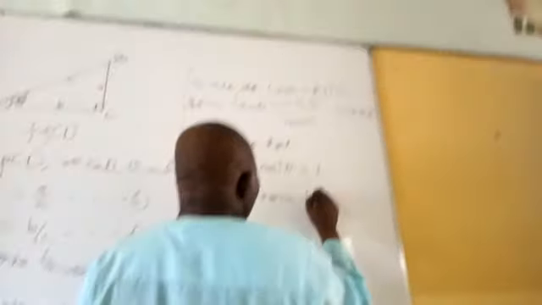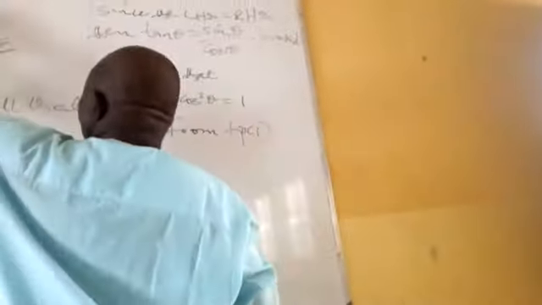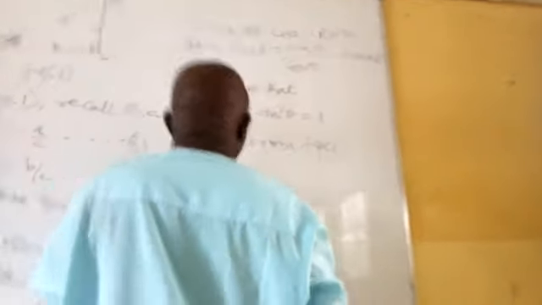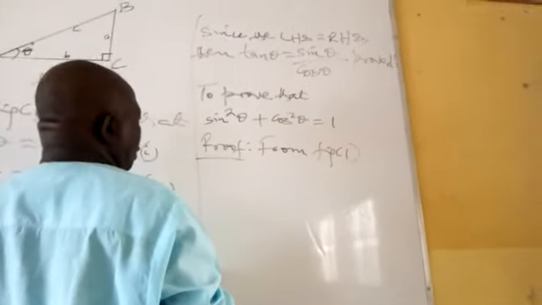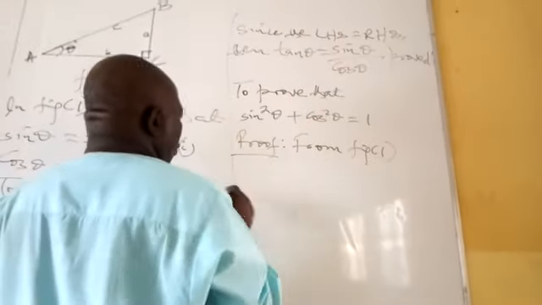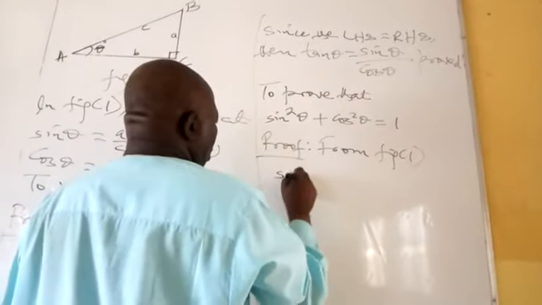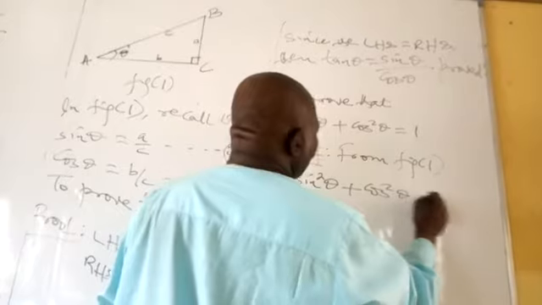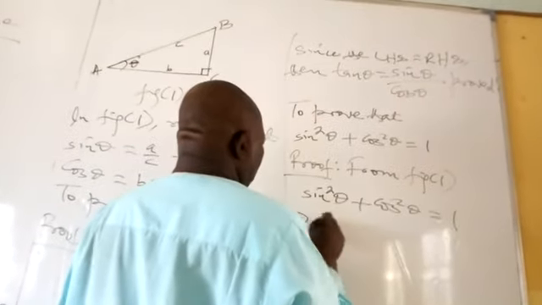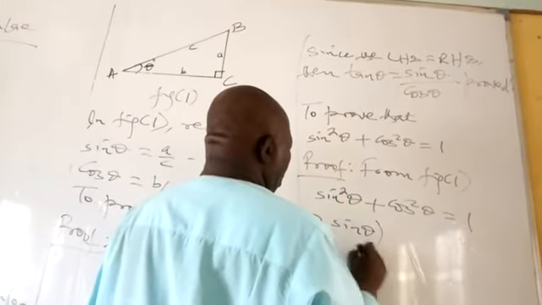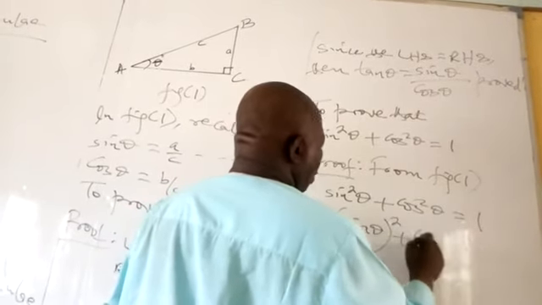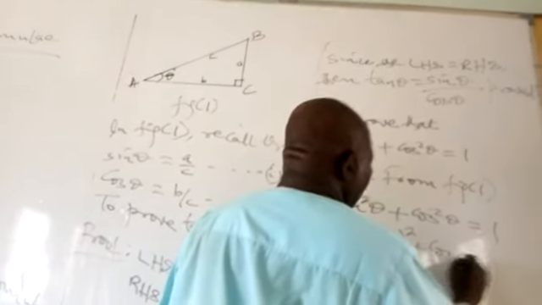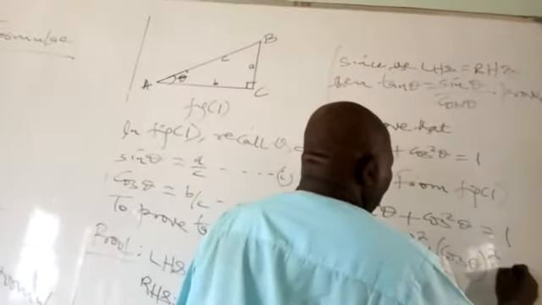From figure 1, which is the right angle triangle, we can see that sin square theta plus cos square theta, we said, is equal to 1. So this means that (sin theta) all square plus (cos theta) all square is equal to 1.